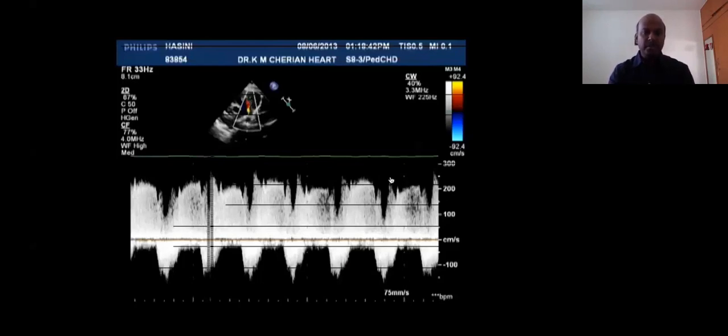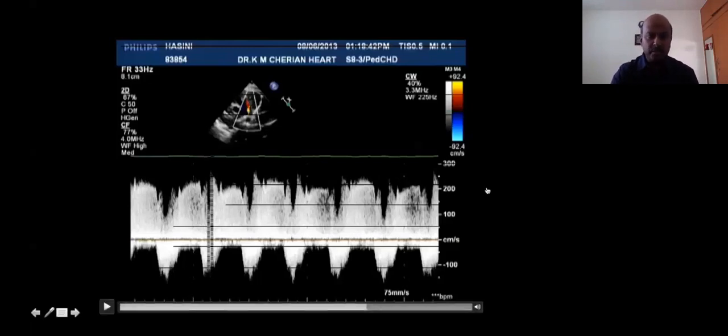If it's a neonate, the pulmonary pressures have not fallen down. If it's an older patient, then there is severe pulmonary hypertension as a consequence of the ductal shunt. The higher the velocity, the lower the pulmonary artery pressure.